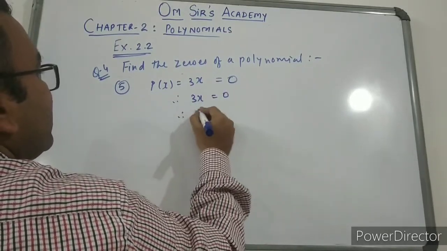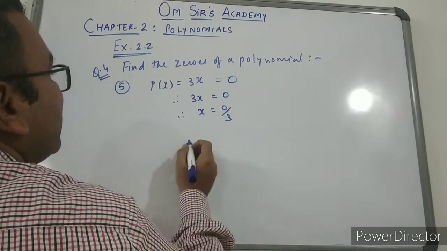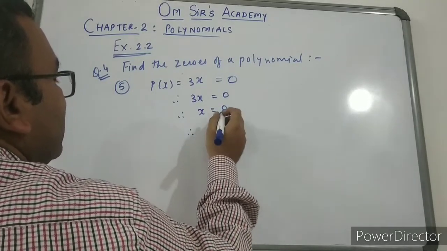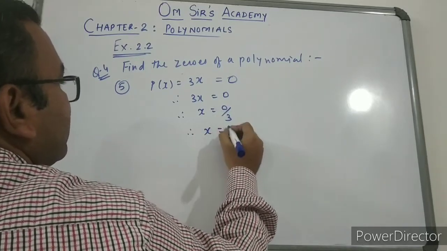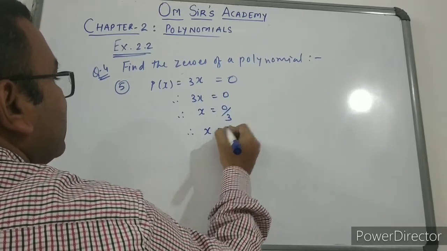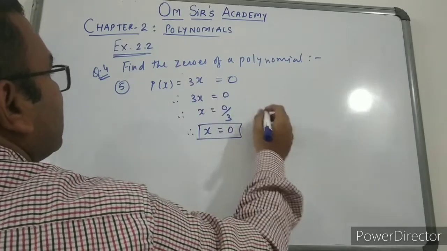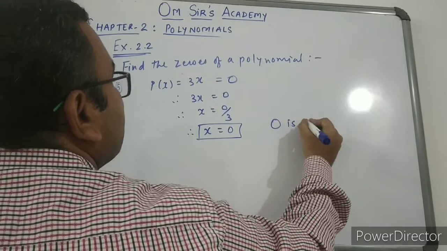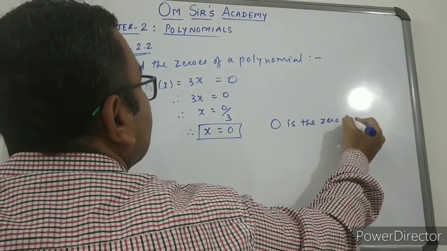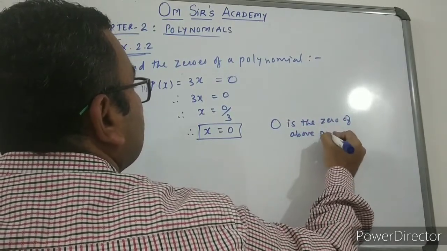So 3x equals 0. So x is 0 divided by 3, and 0 divided by anything is 0. So x equals 0. Therefore 0 is the zero of the above polynomial.